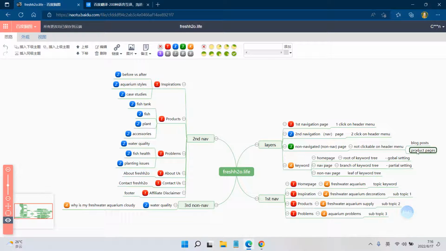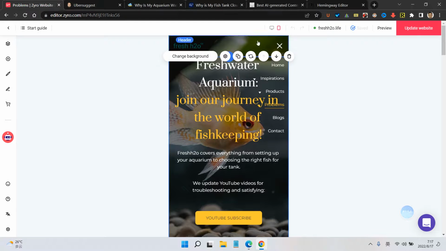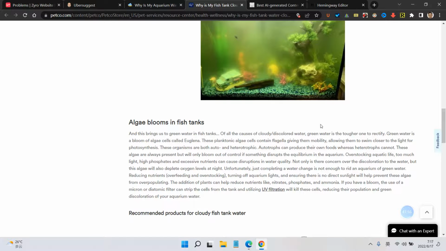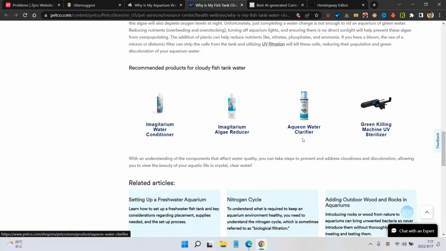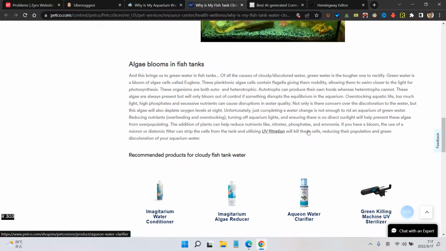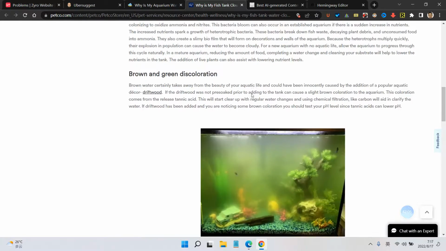So you can see that's how the website is built. Okay, and then how they are linked together, like this one. This is a link. You know, this is another link. So they're linked together.